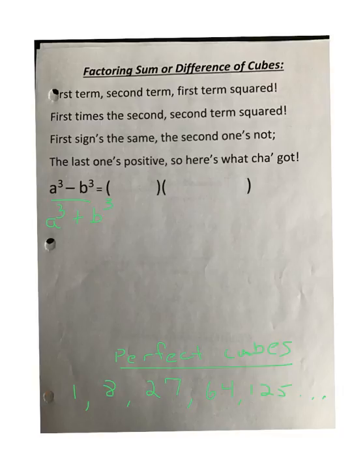Okay, so now let's take a look at the pattern that we use. If you have 2 perfect cubes, where you have an adding or subtracting of a perfect cube and only 2 terms, and they're both perfect cubes, you're going to want to think of this pattern. This worksheet walks you through nicely. It says first term, second term. So take the cube root.